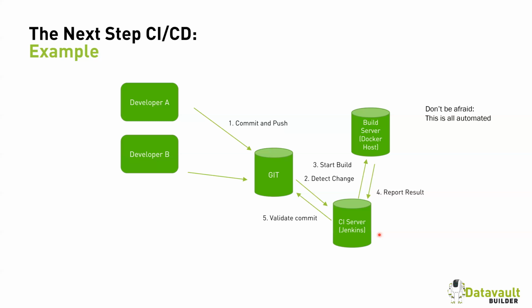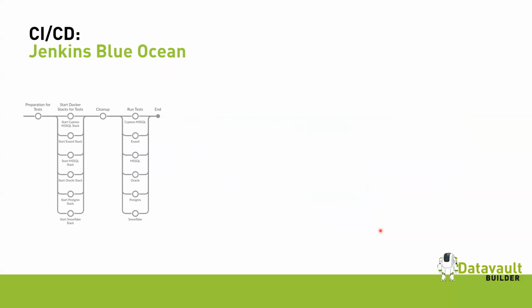Jenkins is connecting directly to our Git repositories. In our case, it's Bitbucket. It's waiting for a commit. As soon as the commit is detected, it will start this Blue Ocean pipeline. And Blue Ocean is not giving new functionality, it's just orchestrating things better, making it visually more accessible.